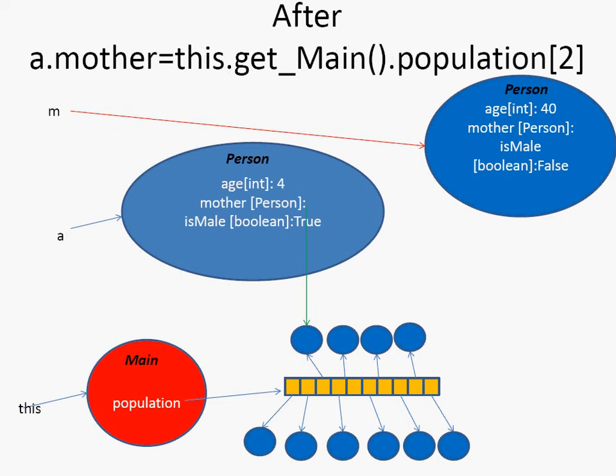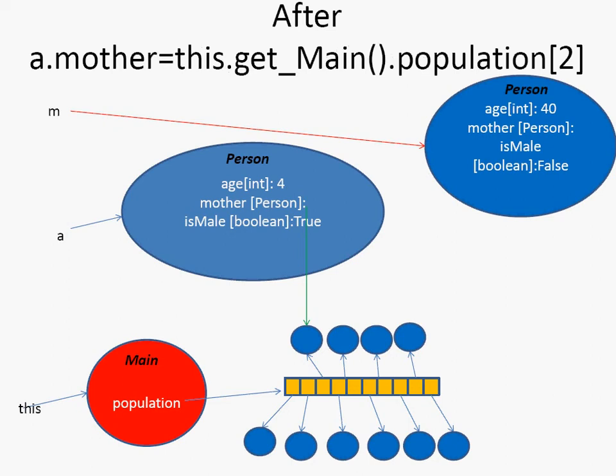This dot get name points to name, and then it asks for the population and name. That's pointing to this guy. And then we ask for number 2. It starts at 0, so that's this one here. So this guy now points to that. Hopefully that's a female, because it's the mother. So this guy's mother is referring to this guy.